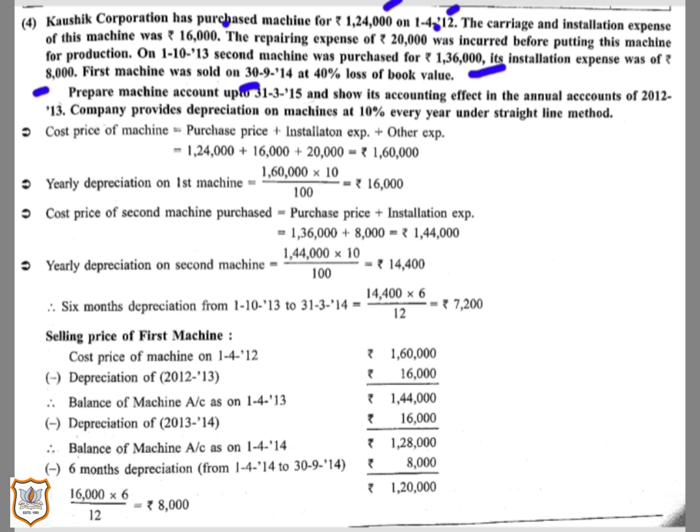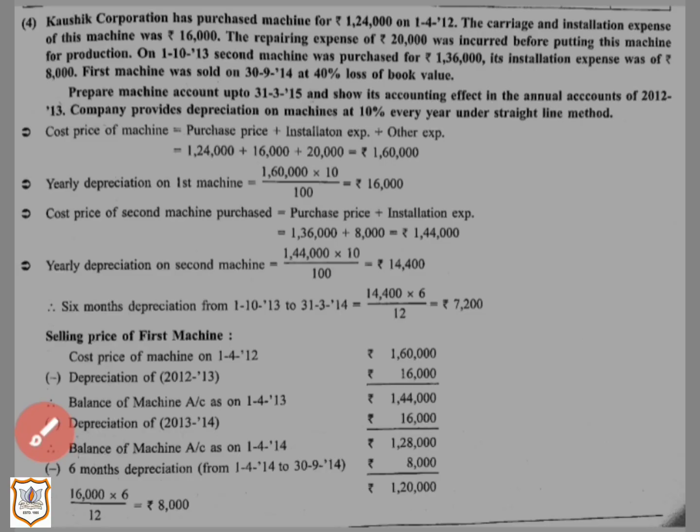So here we have to prepare the machine account up to 31st March 2015 and show its accounting effect in the annual accounts of 2012 to 2013. Company provides depreciation on machine at 10% every year under the straight line method. So let us see how this will be done.